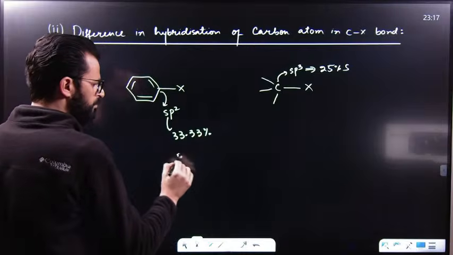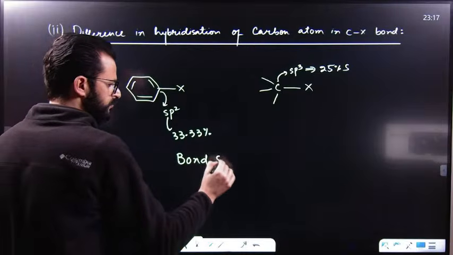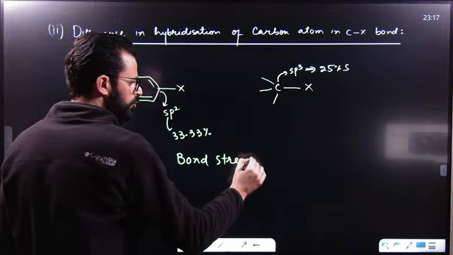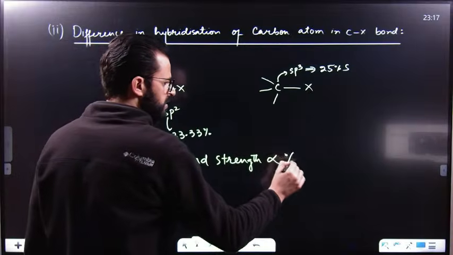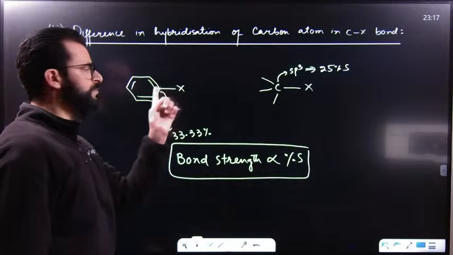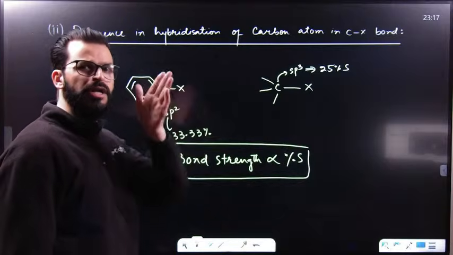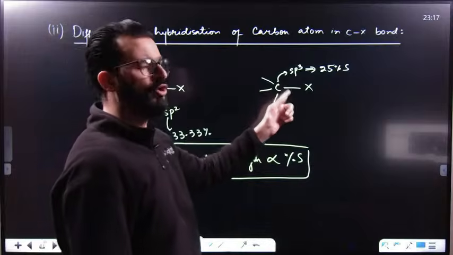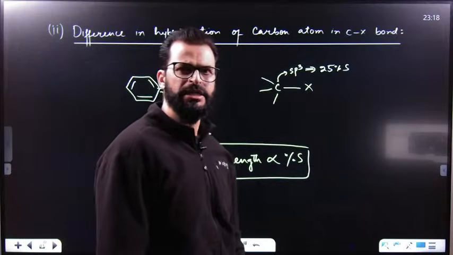We know bond strength is directly proportional to percentage of s character. So this bond is stronger and difficult to cleave, while this is not as strong, so it can be easily cleaved.